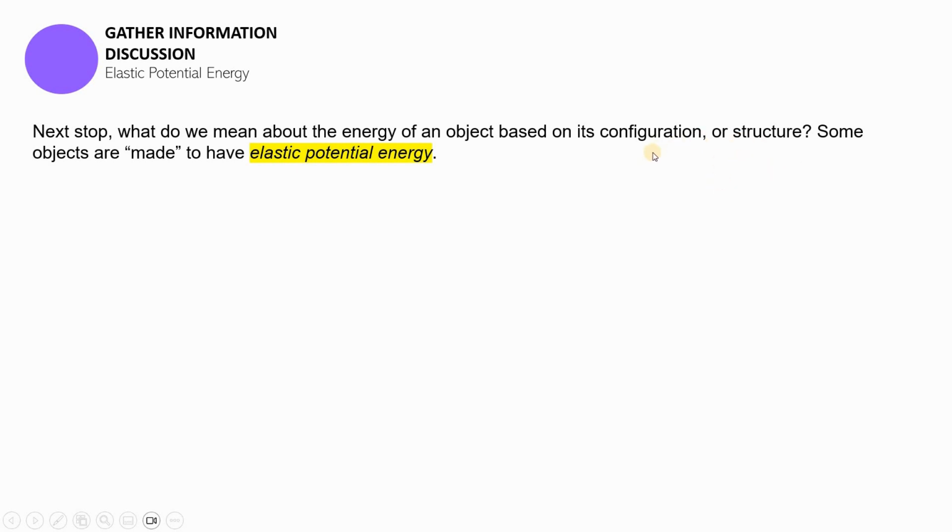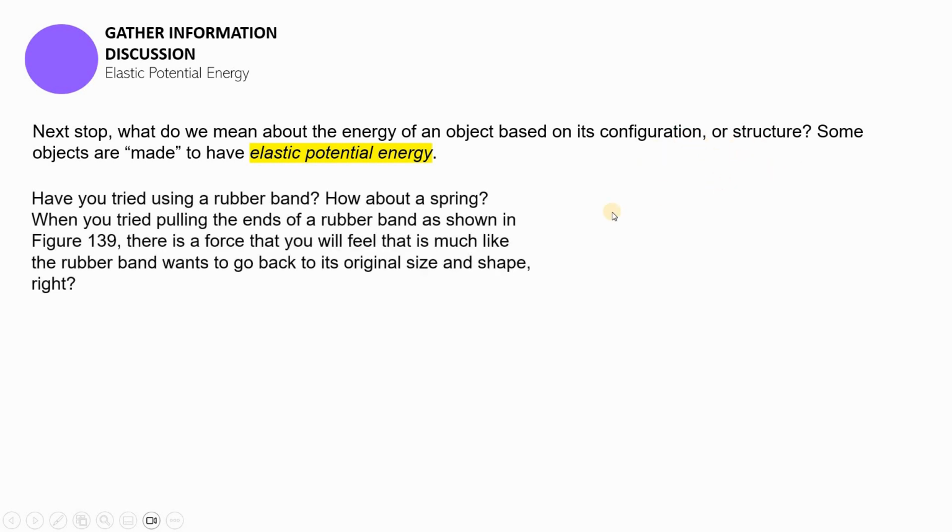Some objects are just made to have elastic potential energy. Now, made, ibig sabihin, this type of potential energy, you won't really see it in just any kind of material. Okay, there are specific kinds of objects that possess elastic potential energy. Hindi siya makikita sa lahat ng mga materials that you may want to name.